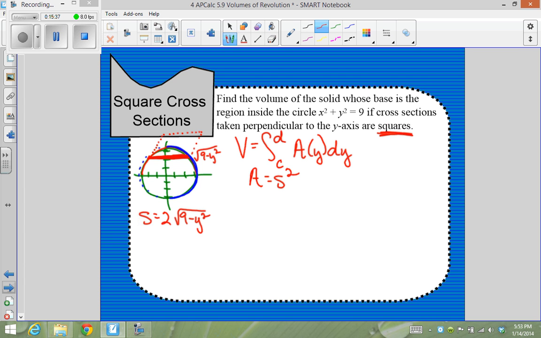So half of the side is the square root of 9 minus y squared. That only gives me this piece, so I have to double it to get that piece right there as well.